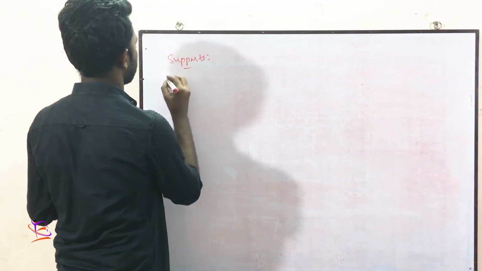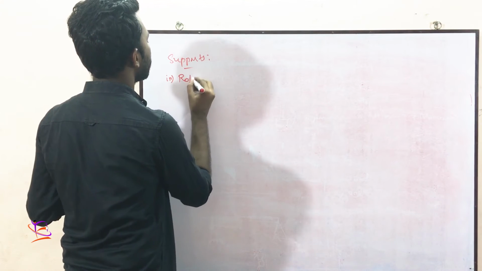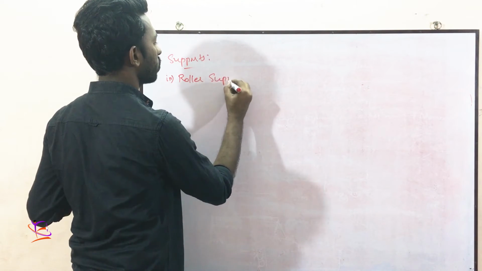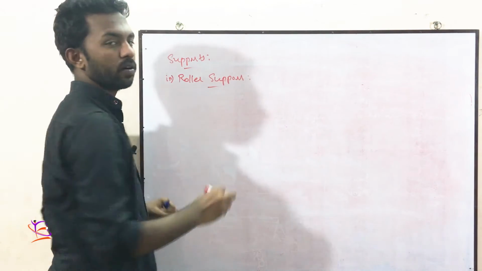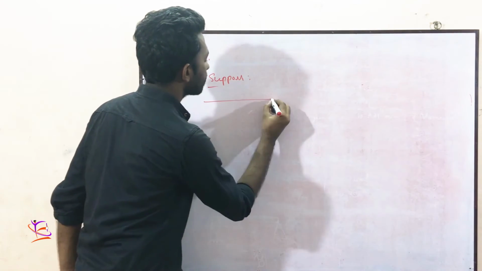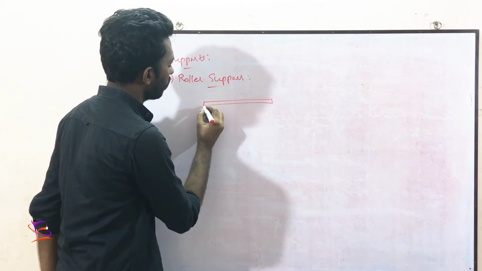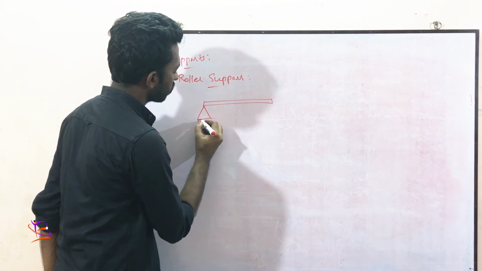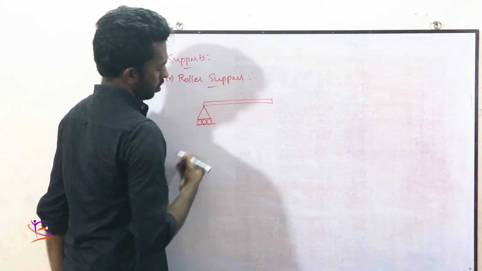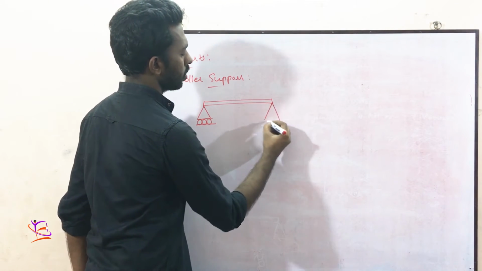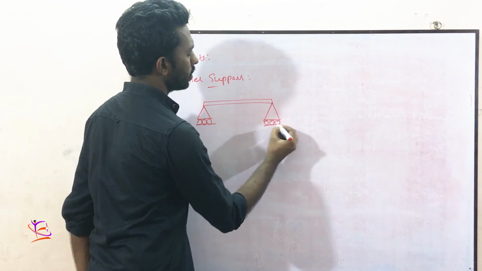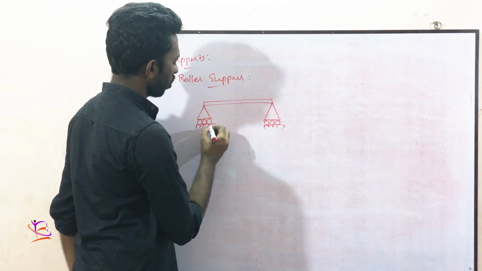Now third. Now we are going to discuss about the roller support. This is the third type of the support. So consider a beam which has the roller support. So this is considered as the roller support. This is the symbol basically used for denoting the roller support.